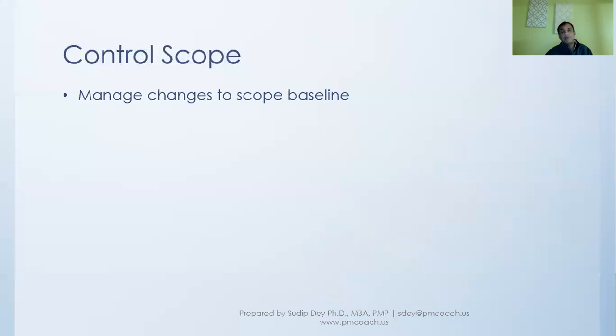In adaptive life cycle, we encourage change all the time, whereas in the predictive, we don't really encourage change because we believe we have fixed requirements and there should not be much change in the project, though there are inevitably, all the time. So again, coming to what I've just mentioned, control scope is about managing changes to scope baseline.